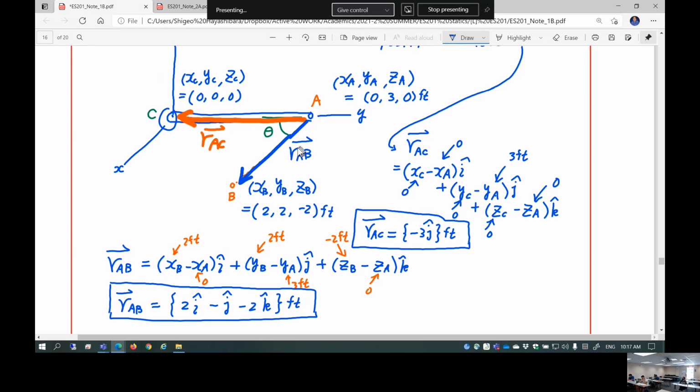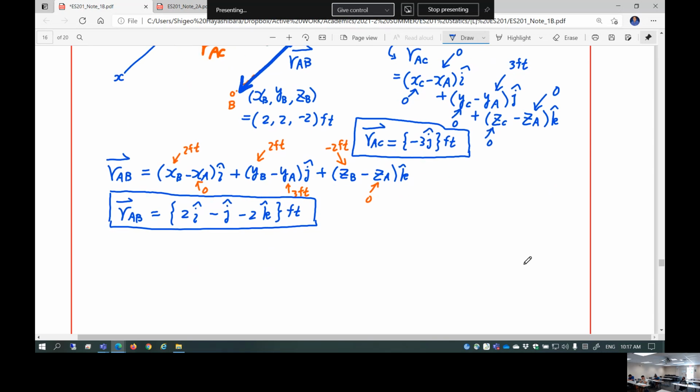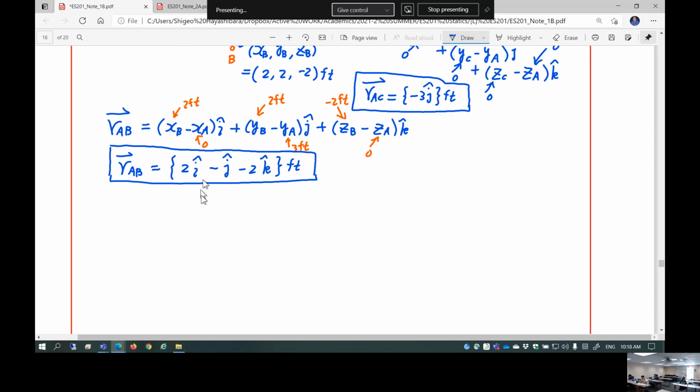The question is, what is the angle between them? How can you find such a thing? The inverse cosine of the dot product. That's right. So theta is equal to inverse cosine of RAC dot RAB, divided by the magnitude of RAC times the magnitude of RAB.